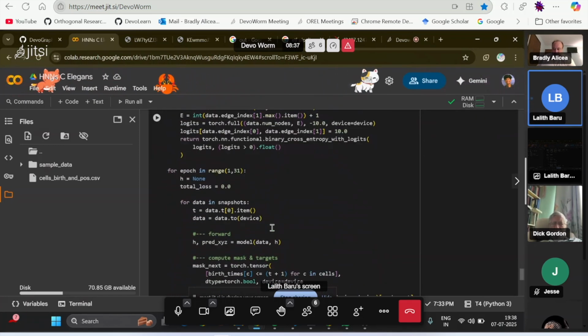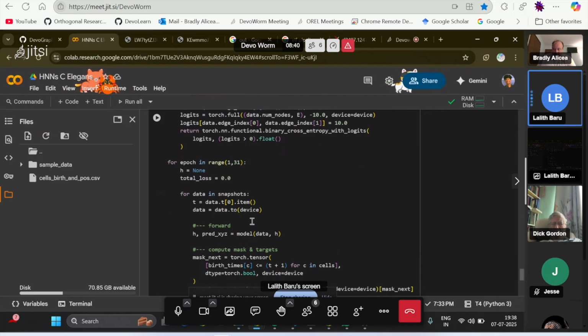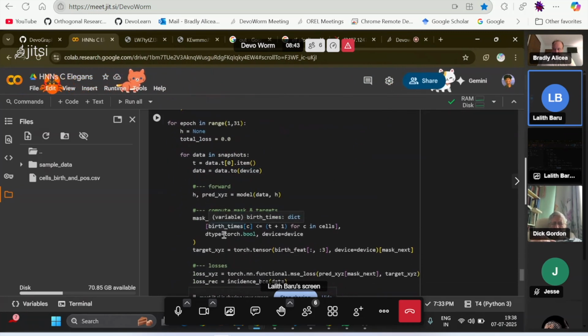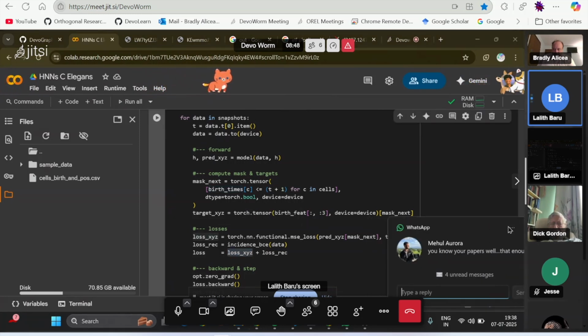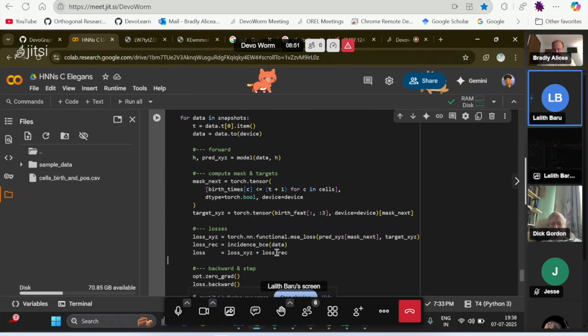So I tried a proper supervised approach, where the critical modification I have done is that I have two losses. One tries to minimize the change between the prediction and the ground truth, which is basically mean square error. What is it trying to predict and what it actually has, it tries to bring them together. It also does a binary cross entropy on the incidence matrix.